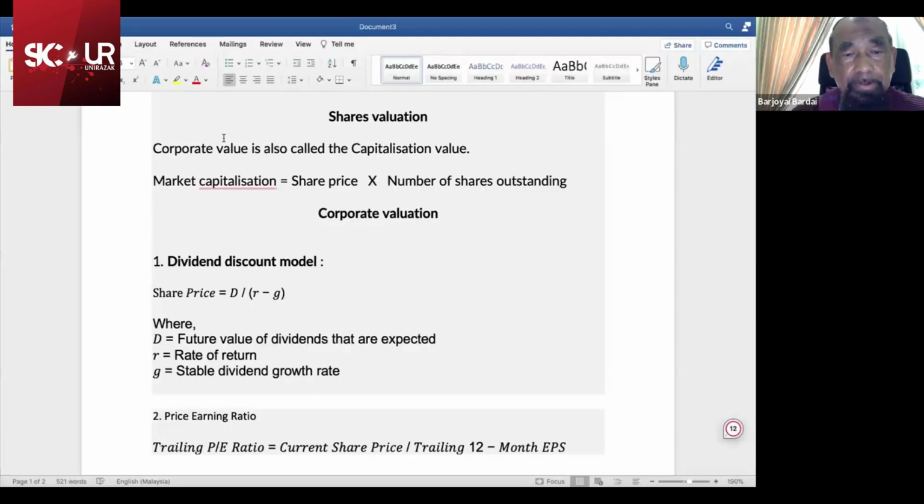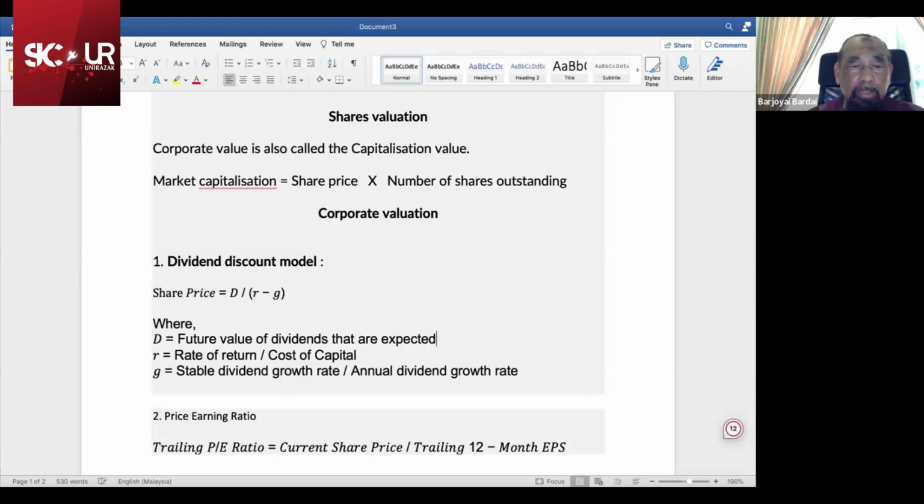So R is the rate of return, which is the cost of capital, and G is the stable dividend growth rate, which is the annual dividend growth rate.